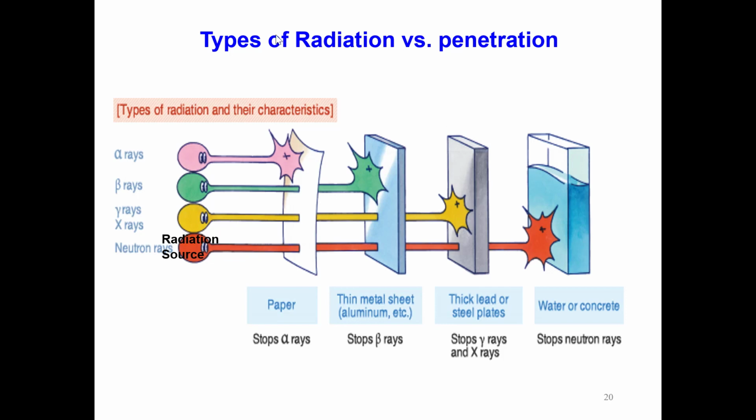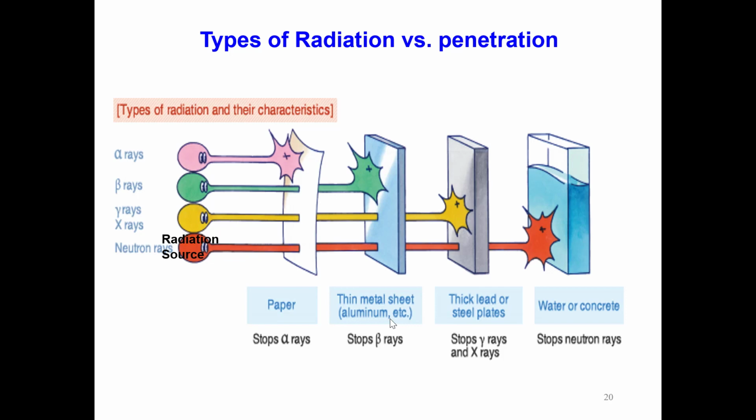In this picture, we had the type of radiation versus penetration. We can see the alpha rays can be stopped using just a paper, but in case of the beta rays, a thin metal sheet is needed. For example, aluminum metal sheet. In case of the gamma rays or X-ray, thick lead or steel plates are needed.